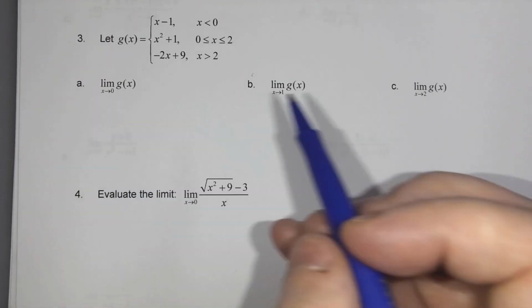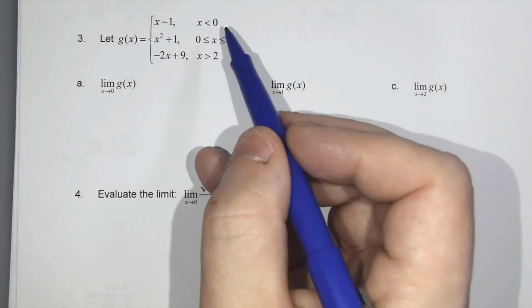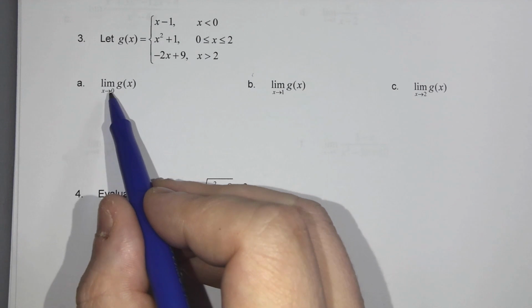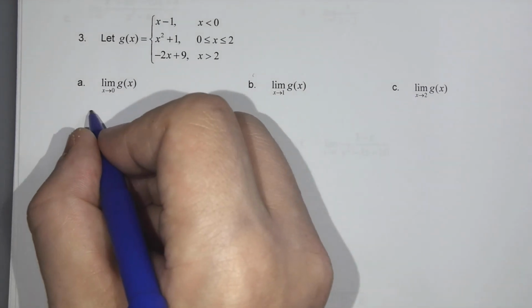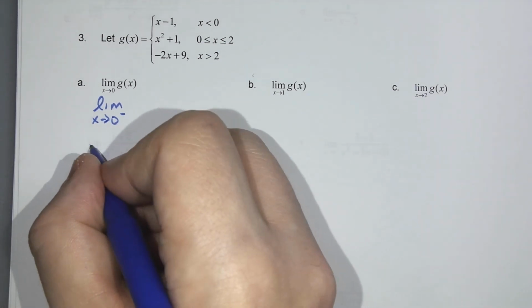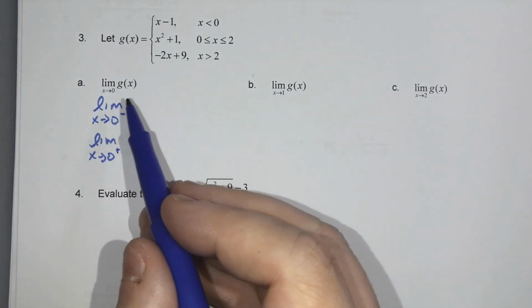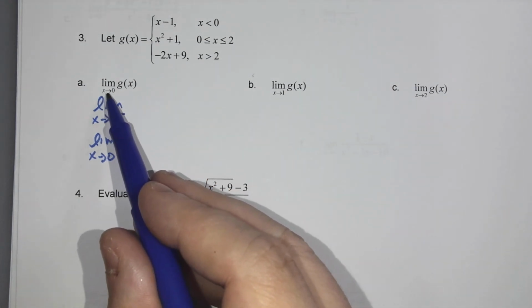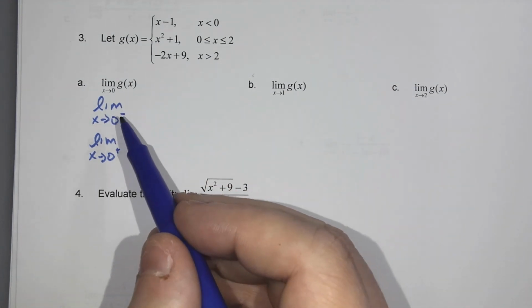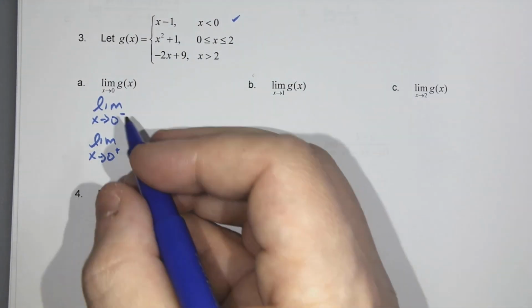Problem 3. Limit as x approaches 0 of this piecewise function. Okay, we want to see what happens when we approach 0, so that means we'll have to do a limit from the left and a limit from the right. If we approach g of x as x approaches 0 from the left, numbers that are less than 0, we would be following that rule.